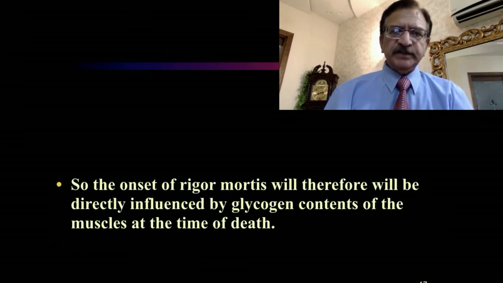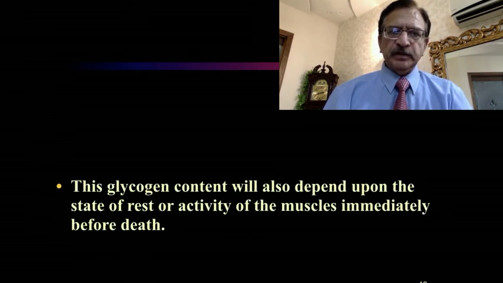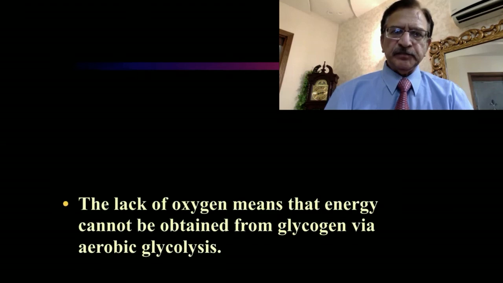So the onset of rigor mortis will therefore be directly influenced by the glycogen content of the muscles at the time of death. This glycogen content will also depend upon the state of rest or activity of the muscles immediately before death. The lack of oxygen means that energy cannot be obtained from glycogen via aerobic glycolysis.